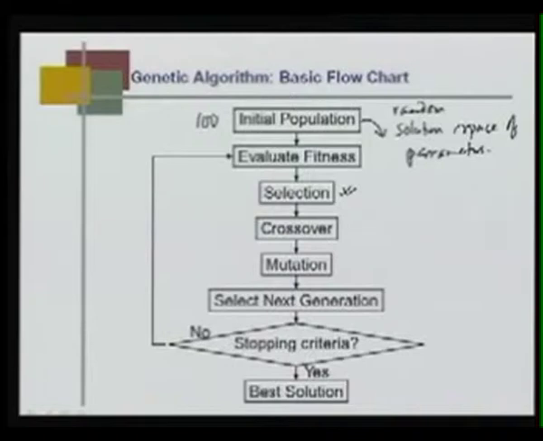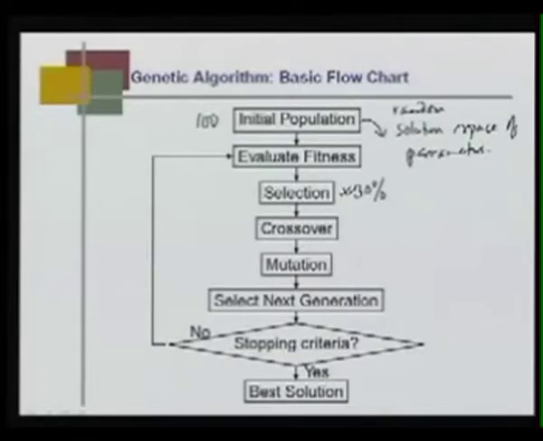So I have 100, I categorize them according to their fitness value, and then I take 30%, and these 30 through crossover and mutations are again converted to 100.